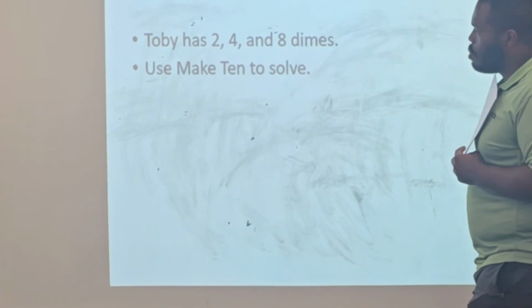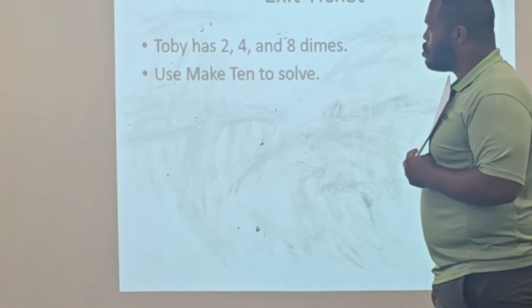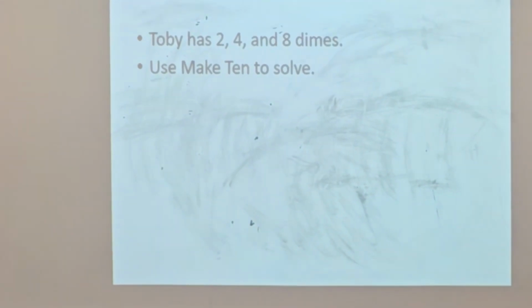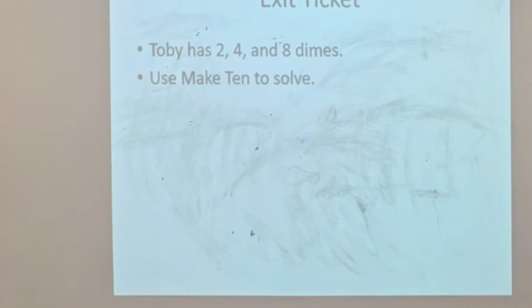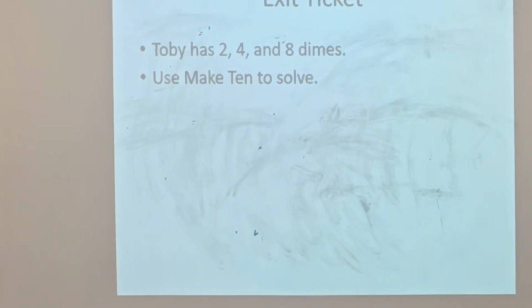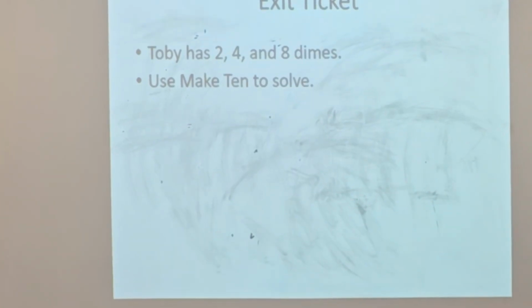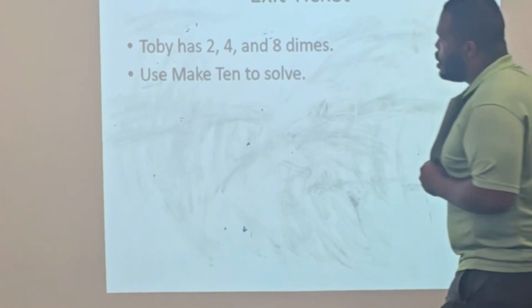You can start from 8 and count 2 more. Then you will get the 10. Then when you got the 10, you can add the 10 plus the 4. Then it equals 14. 14, good job.